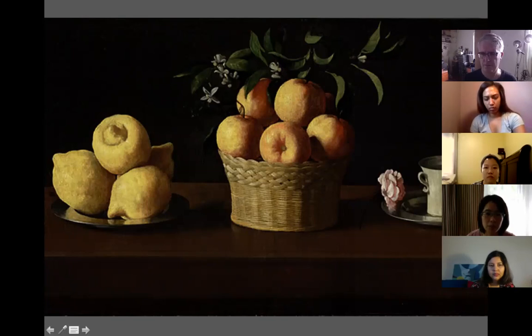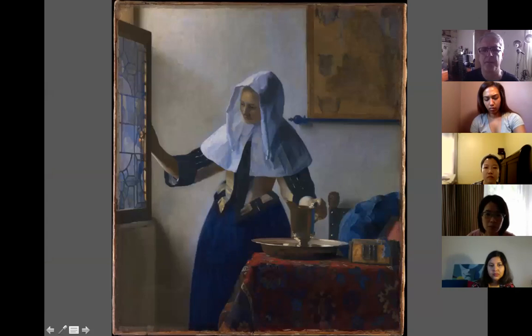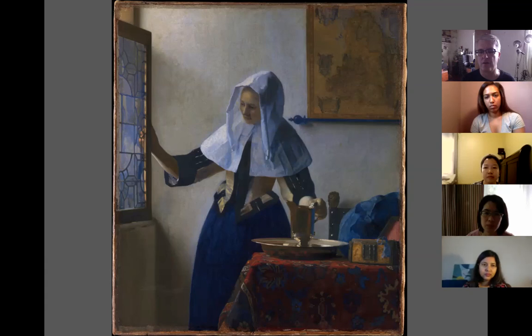Now, of course, part of the reason that these artists are working with light coming from one single direction is that it was really the only situation that artists at this time had to work with, right? They could either deal with light outside, or they would have light coming into a room. At the time that these paintings were made, windows were more judiciously used than they are now.